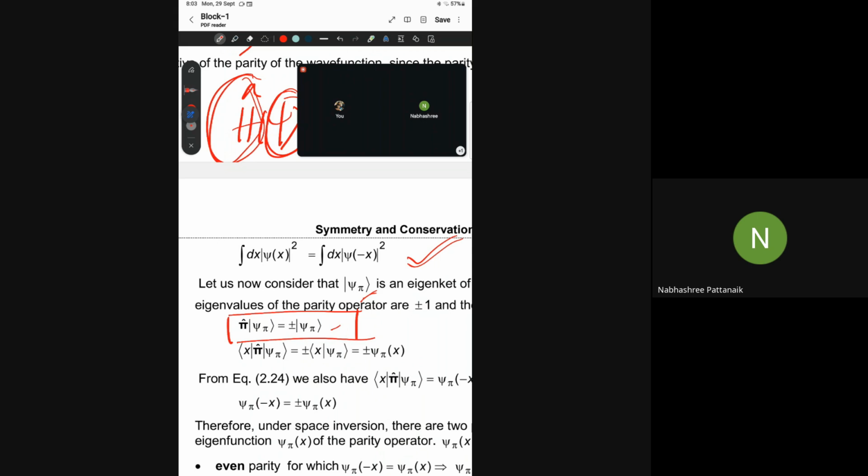What will happen if you multiply by x to the left? It will be x pi psi pi, which will be equal to plus or minus x psi pi.